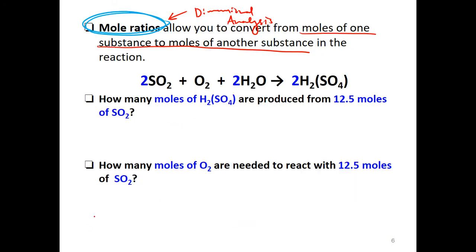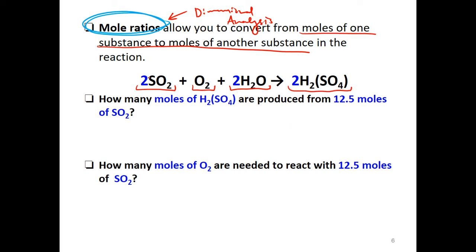Let's actually do a practice question. Here's my balanced equation. I have 2 moles of SO2 reacting with 1 mole of O2 and 2 moles of H2O to produce 2 moles of sulfuric acid.